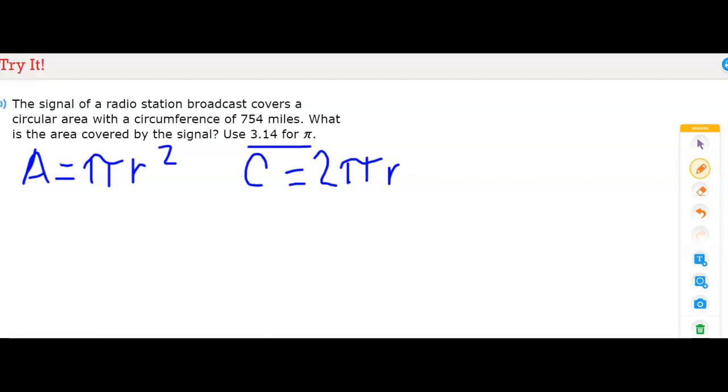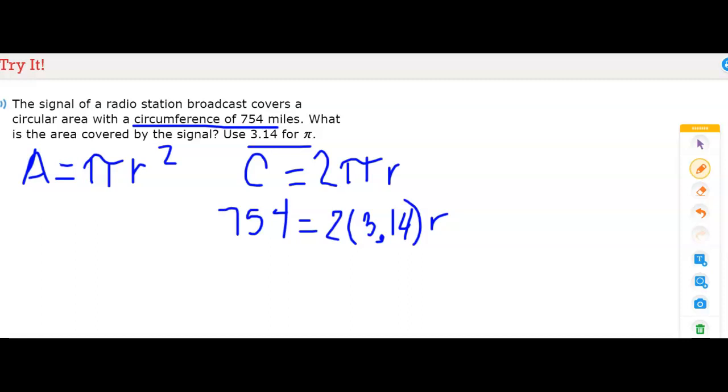They do tell us the circumference, which is 754 miles. And then we know pi, which they tell us to use 3.14. So now we need to solve.